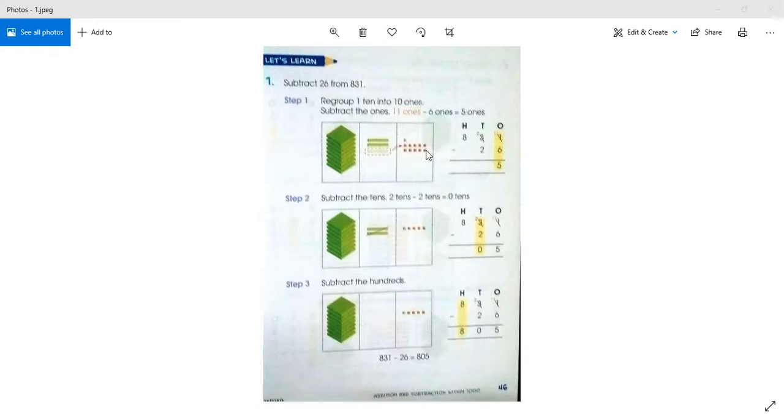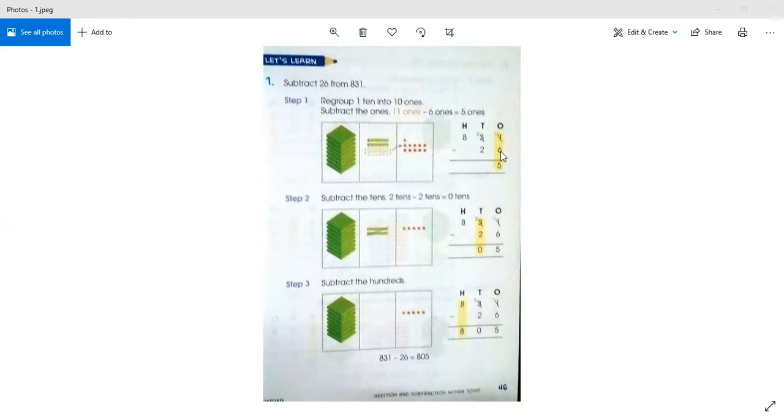And right, and these are 2 tens, and these are 800, right? So we will subtract.